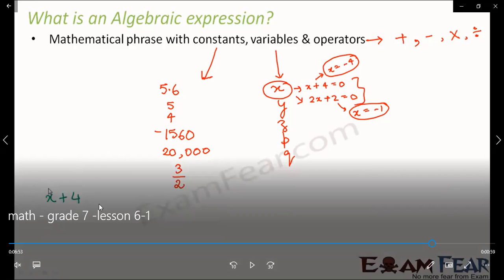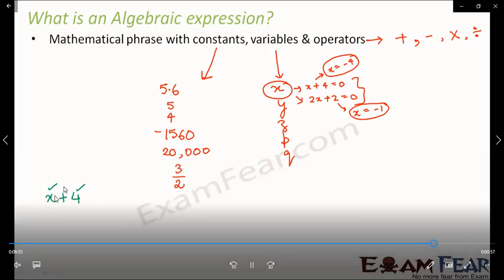Then when we write x plus 4, this represents an algebraic expression. X plus 4, so this is a variable and this is a constant. When you combine them together by using the addition sign, it will be an algebraic expression.